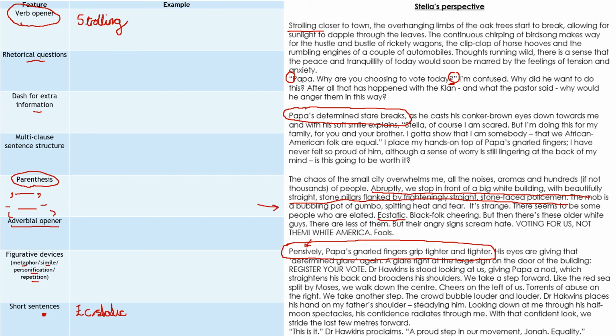"Ecstatic." But if I just read on very slightly, I can see there is yet another very short sentence next to it. And again, I'd want to make a note in there as well. Can you spot any more in this piece of writing and also the other piece of writing that we looked at too?